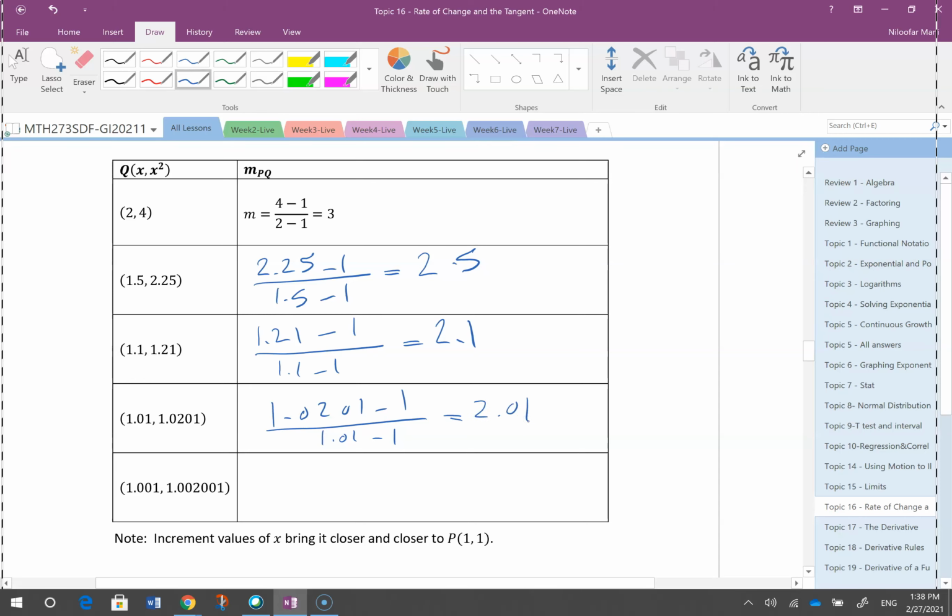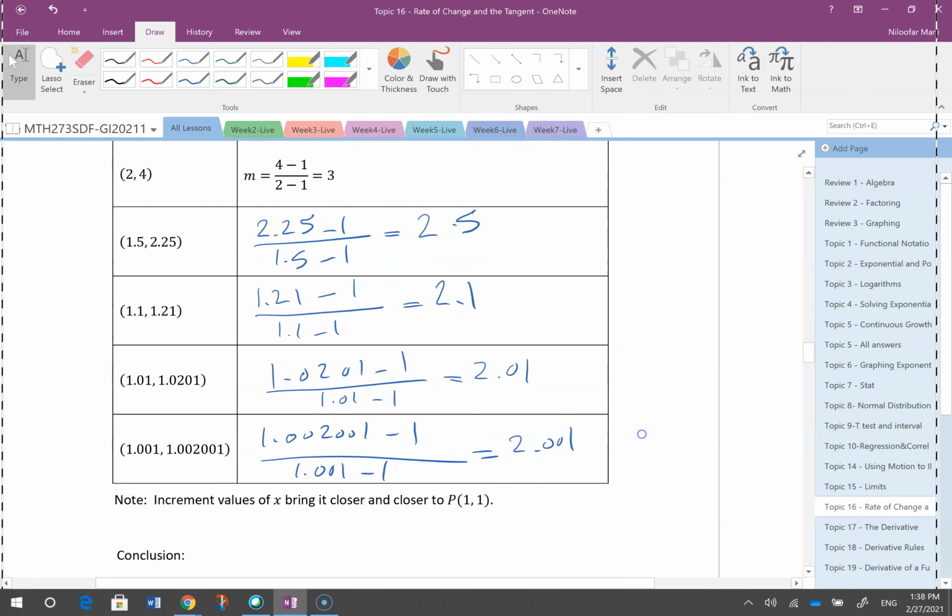Okay, so I continue here. 1.002001 minus 1 divided by 1.001 minus 1, which is 2.001. So what is your conclusion here? When you look at this, you see it starts from 3 and then goes to 2.5 and then 2.1 and then 2.01 and then 2.001 and then if I continue, 2.00001.